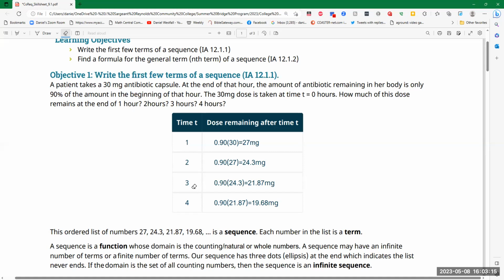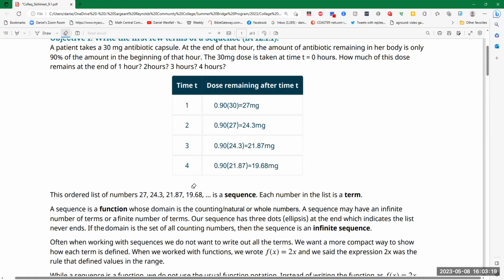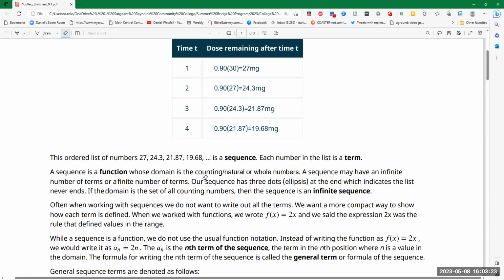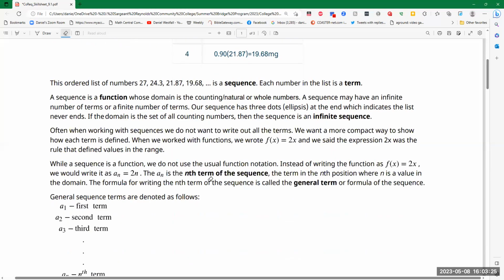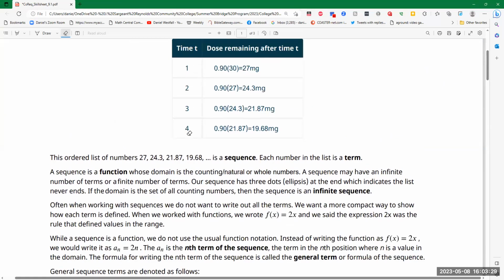So I didn't really want to get into right now in this example talking about the first number being when time was 0. We'll come back to that later though. If you have a finite number of terms, like we only found the first 4 terms here, that's finite. We can list them all out and we can start, and then we have a definite stopping point. We can name all of them, right?